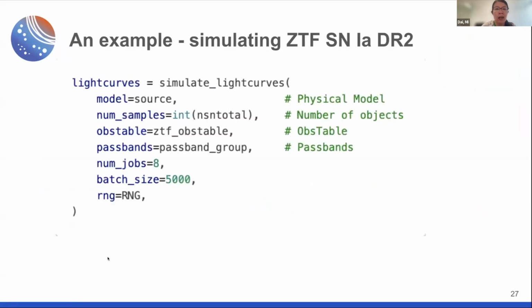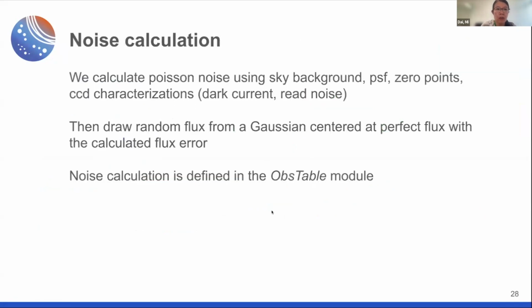So here I show this line of code that simulates the light curves, as we have covered all of these different components. Next, I would like to mention the noise calculation, since that is hidden internally in the code and not really represented in that line of code.